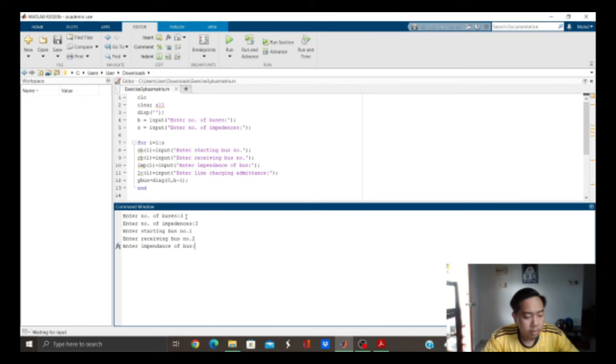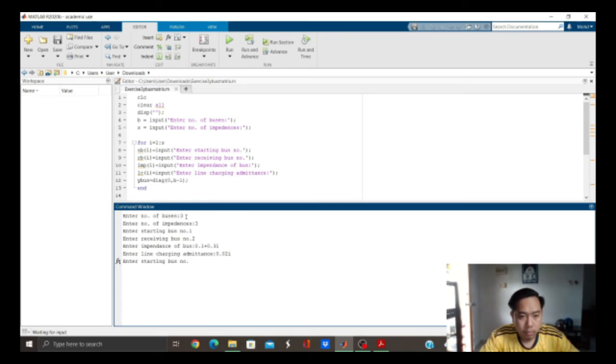Now we enter the impedance of bus 1 to 2: 0.1 plus 0.3i. Enter the line charging admittance: 0.02i.